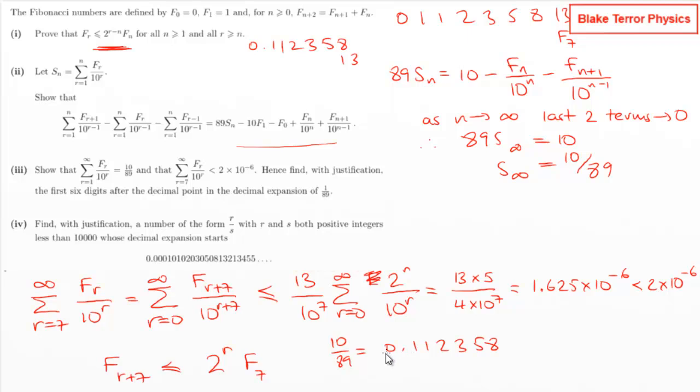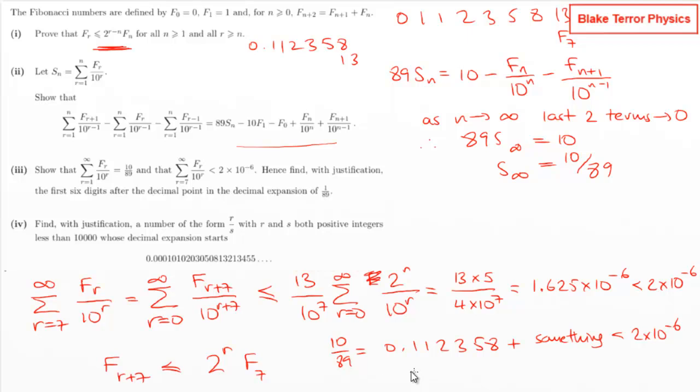So that's 0, 1, 2, 3, 4, 5, 6, plus something which is less than 2 times 10 to the minus 6. Okay. Plus something less than 2 times 10 to the minus 6.